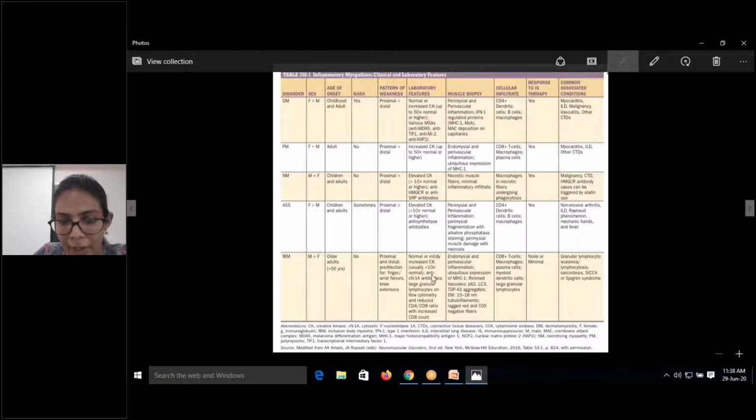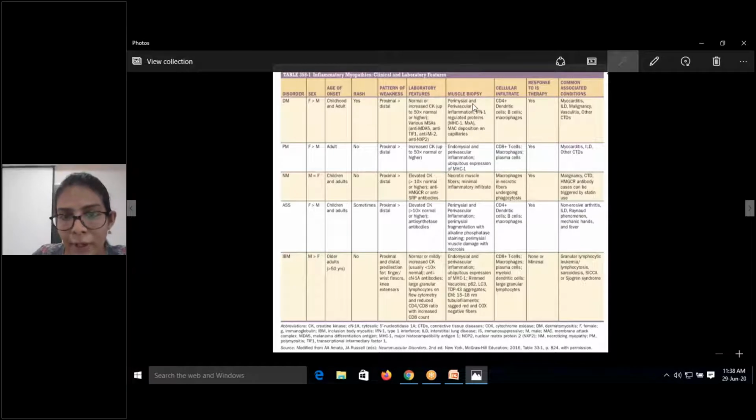And in inclusion body myositis, the antibodies are anti-cN1A antibodies, one of the newest, discovered around 2013. They can ask you this. Patients also have large granular lymphocytes on flow cytometry and a reduced CD4 to CD8 ratio with increased CD8 count. That is the lab manifestations.